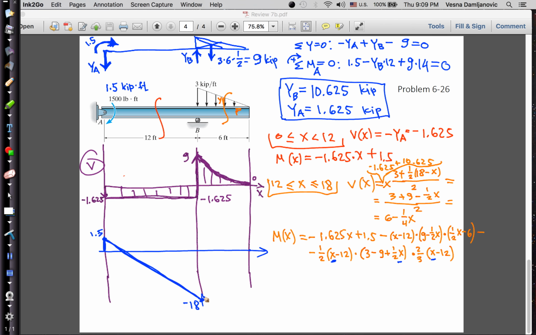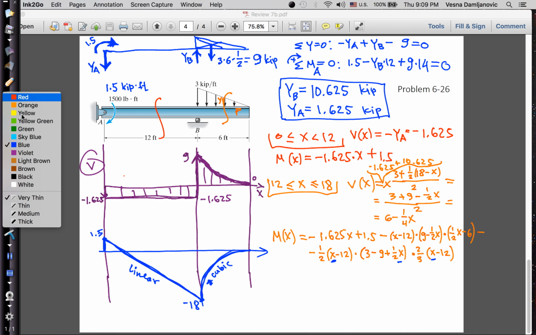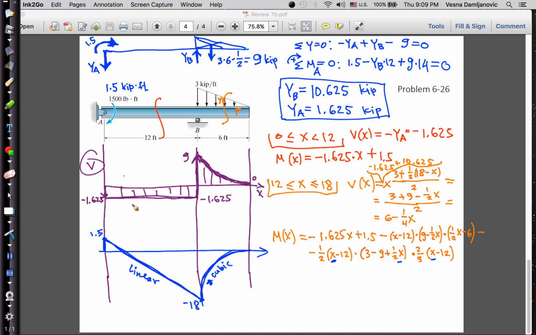So I know that it's going to look something like this. It looks like it's a quadratic, but it's actually not. This is cubic. And this is linear. And the other one is, the shear is constant, and this is quadratic.